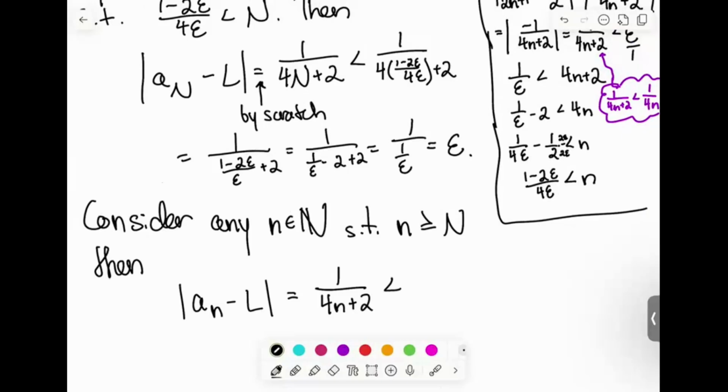But because capital N is smaller than or equal to little n, this is less than or equal to 1 over 4 capital N plus 2, but we just showed that's less than epsilon.